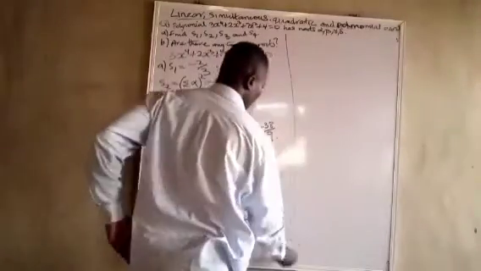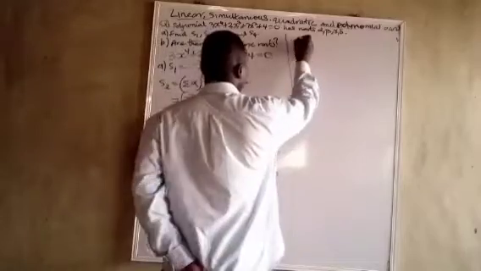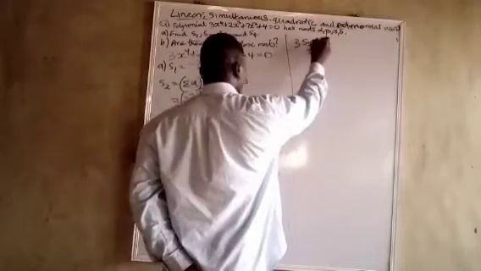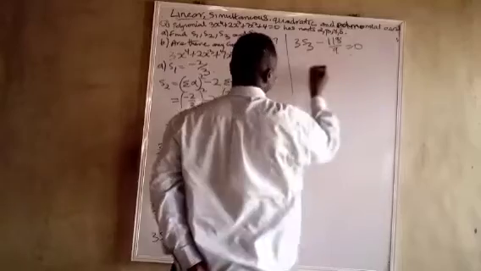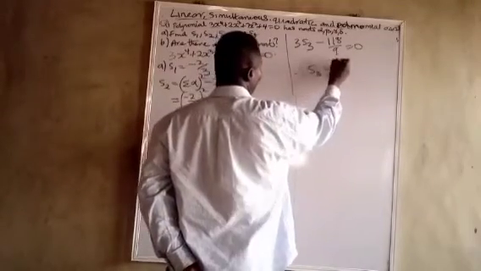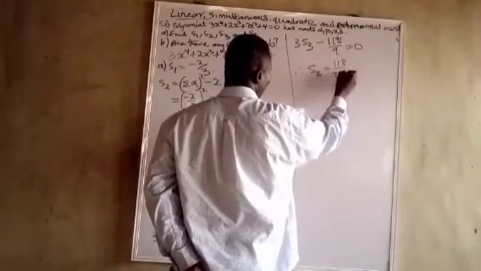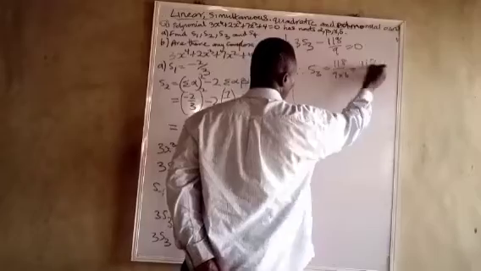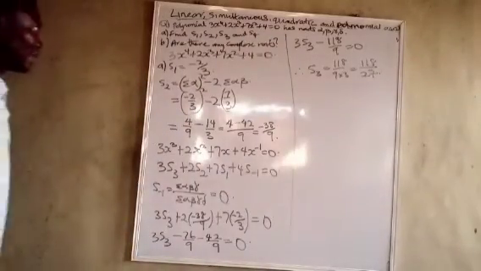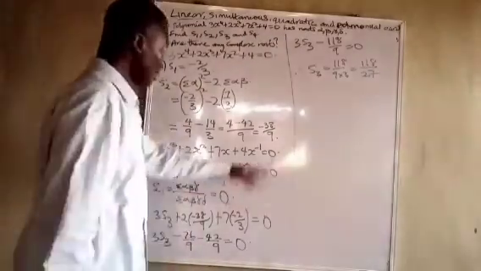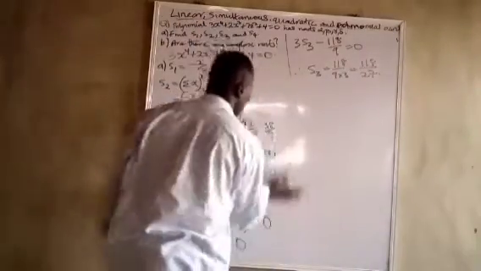So we are going to have 3s3 minus 118 over 9 equals 0. Therefore, s3 is equal to 118 over 9 times 3, which is 118 over 27. Now, we want to find s4. We have gotten s3 now, so with this, you can conveniently find s4.